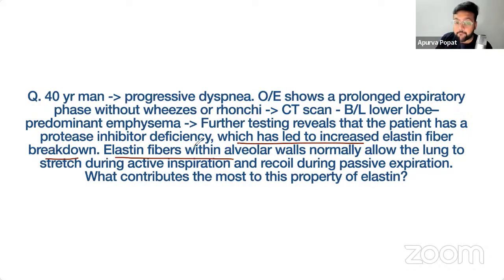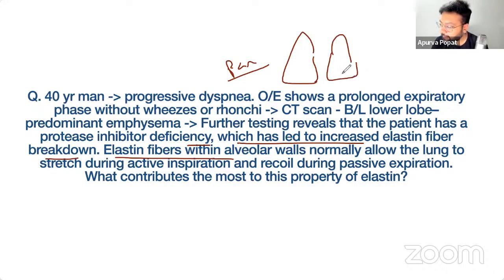Pan-acinar emphysema. Because of alpha-1 antitrypsin deficiency, you can get pan-acinar emphysema predominantly in which lobe of the lungs? Lower lobe. Perfect. So alpha-1 antitrypsin is normally produced by what organ in your body? Liver. Perfect.